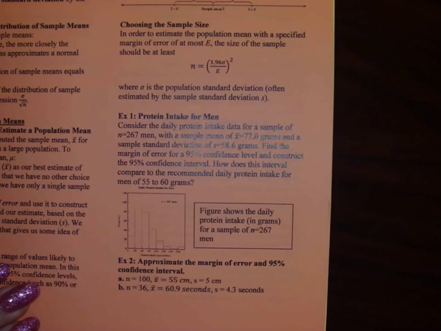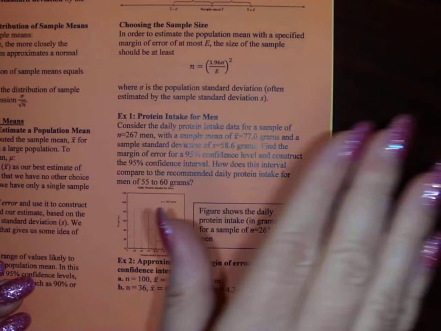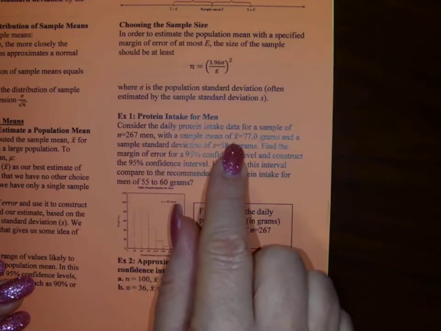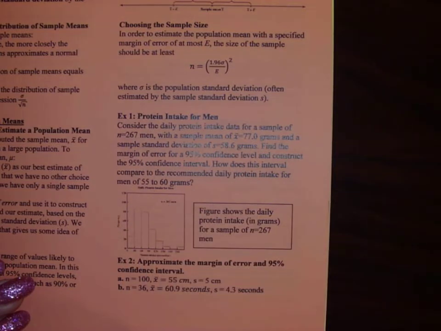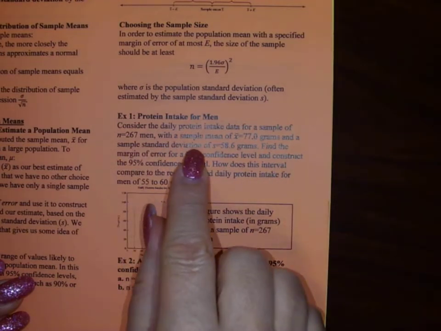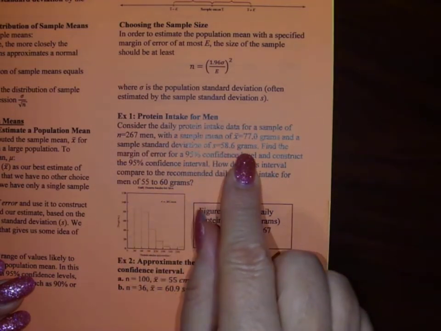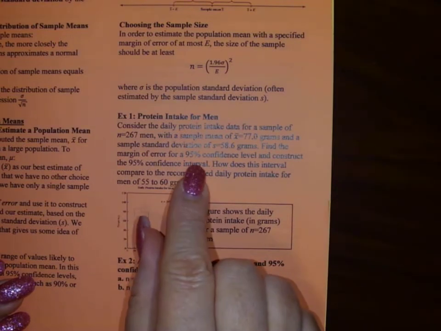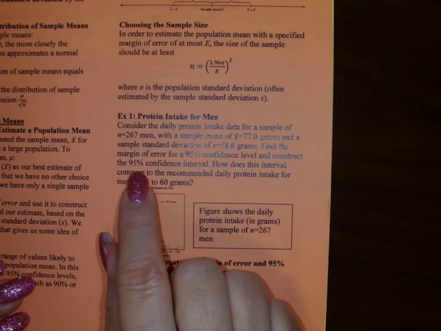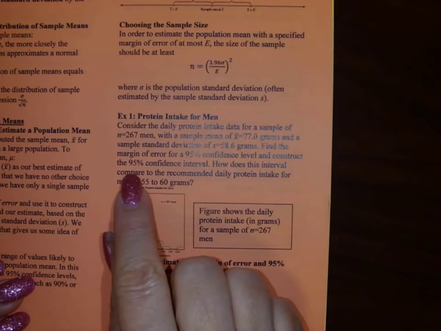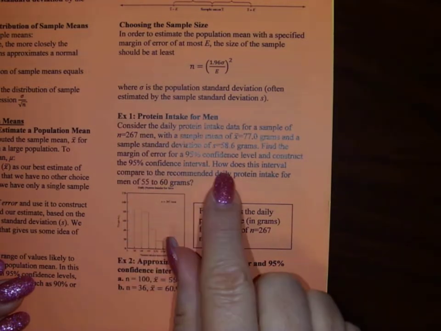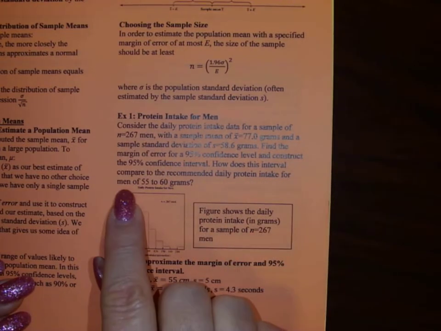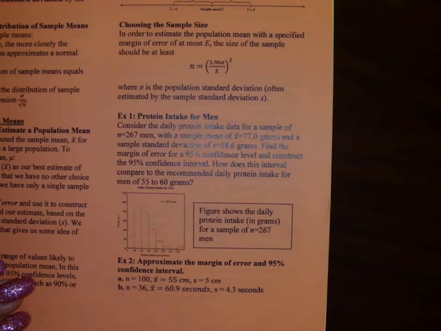If we consider the daily protein intake data for a sample of n equals 267 men, with a sample mean of x bar equal to 77.0 grams, and a sample standard deviation of s equals 58.6 grams, we're going to find the margin of error for a 95% confidence level and then construct the interval of that. And how does this interval compare to the recommended daily protein intake for men of 55 to 60 grams?